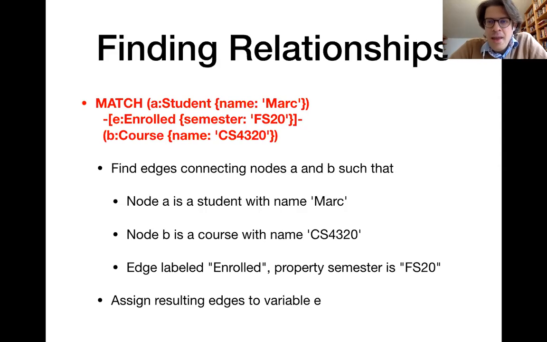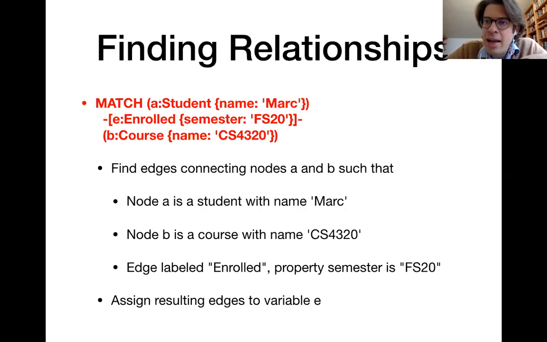So here I'm searching for relationships that connect this node of type student with a name property equal to Mark to a node of type course with name property CS4320. And I want them to be connected by a relationship of type enrolled with the semester property set to fall semester 20. So we are talking about the current semester.